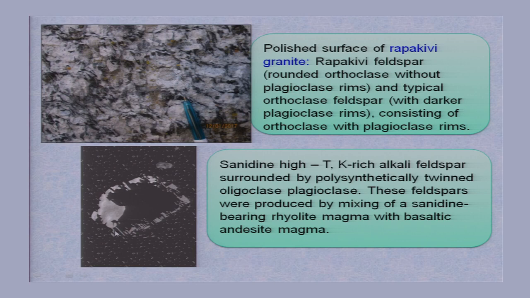Oligoclase is again a variety of plagioclase. So, these feldspars were produced by mixing of sanidine bearing rhyolite magma with basaltic andesite magma. So, if you find such a texture, what does it indicate? It indicates mixing of two types of magma.